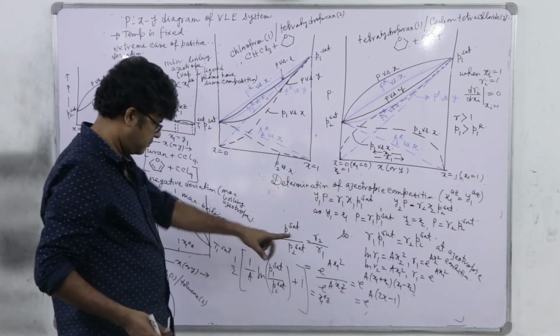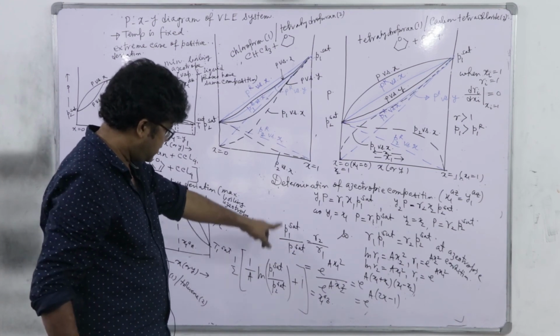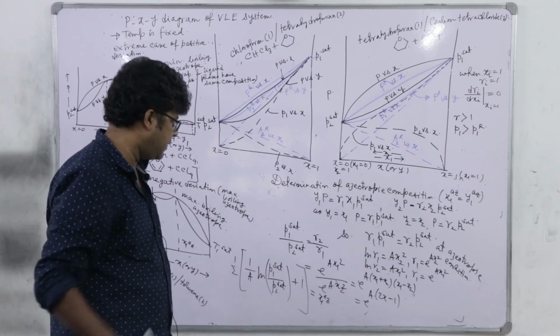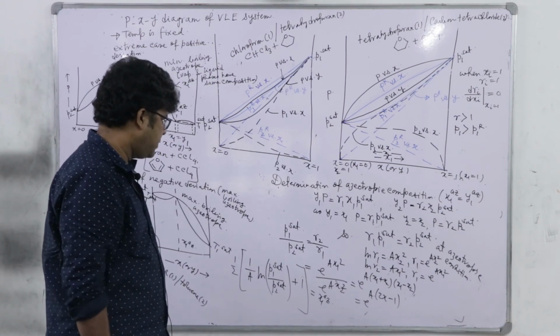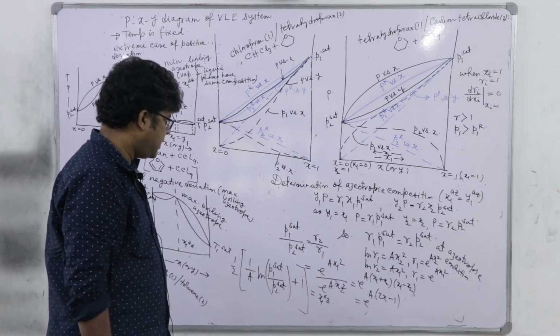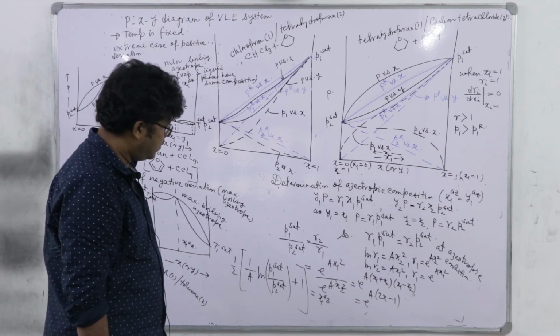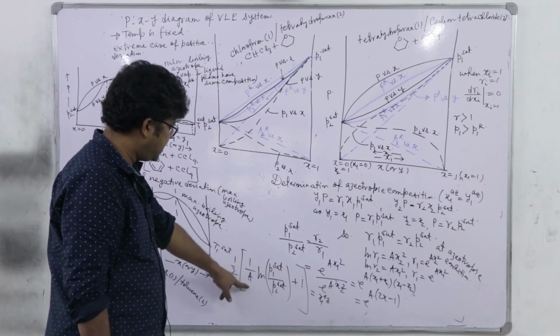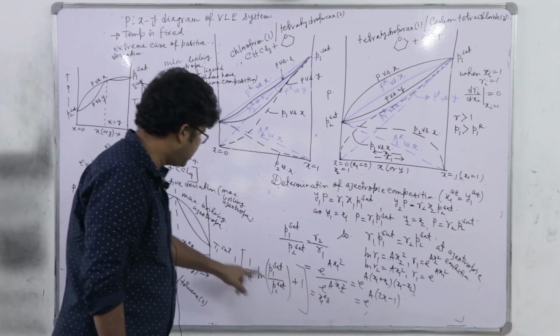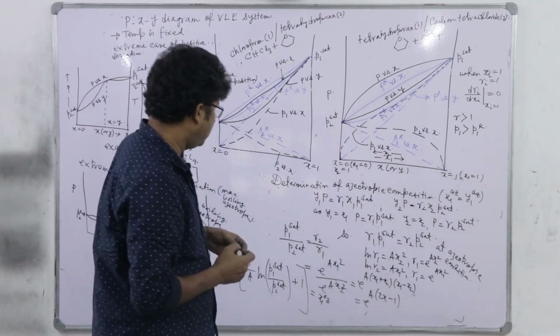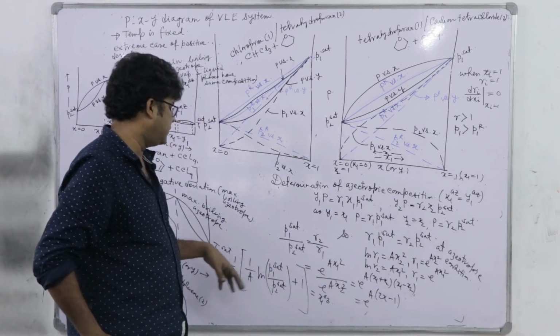I think it's correct, right? Ln of P1 sat by P2 sat, a into 2x minus 1, okay. So that divided by a plus 1 into half equal to x1, is it? So that's the way we can find out the azeotropic composition.